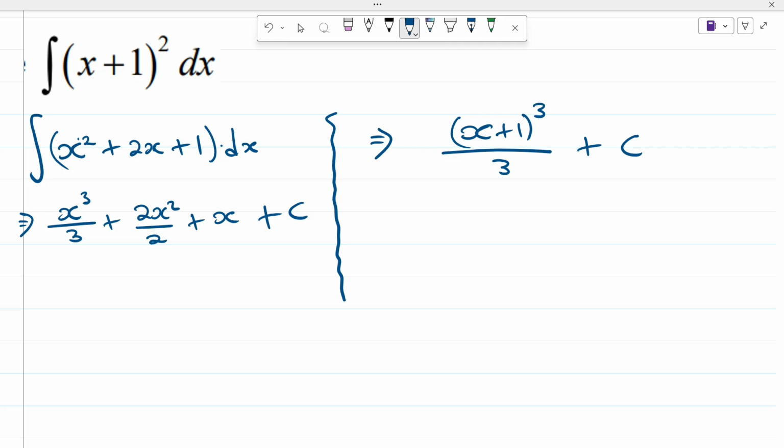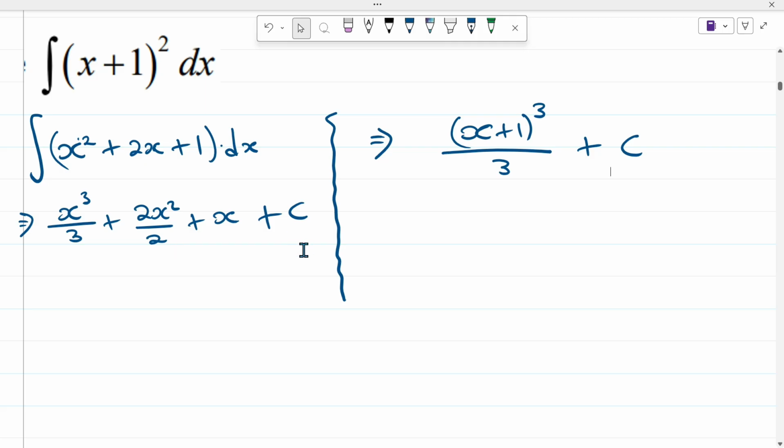And then we will be done. So if you simplify this, you'll see that it will take you back here. So these answers are the same.